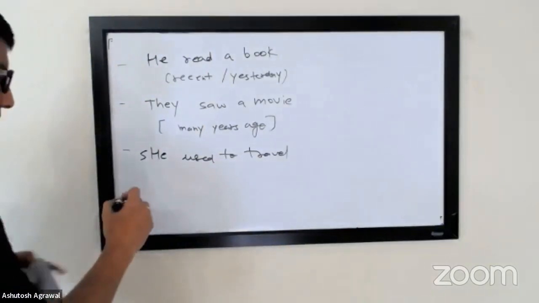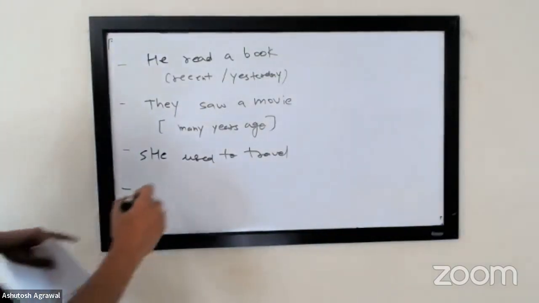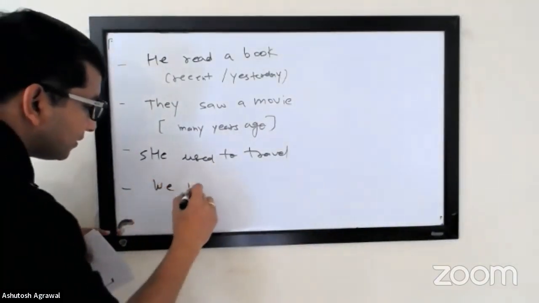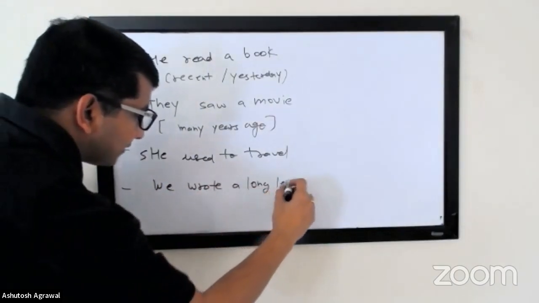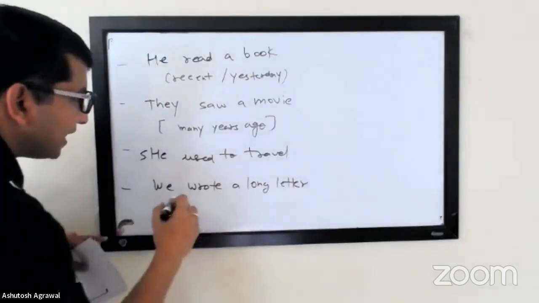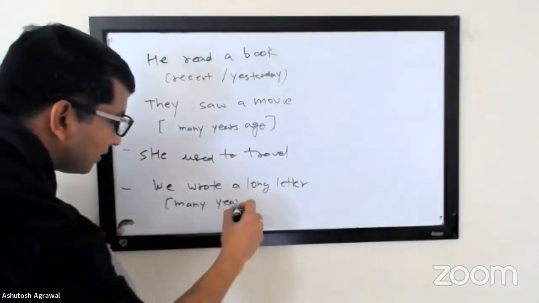So this is habitual. It should be clear without any hints there. And then you have: we wrote a long letter. Something that happened many years ago.